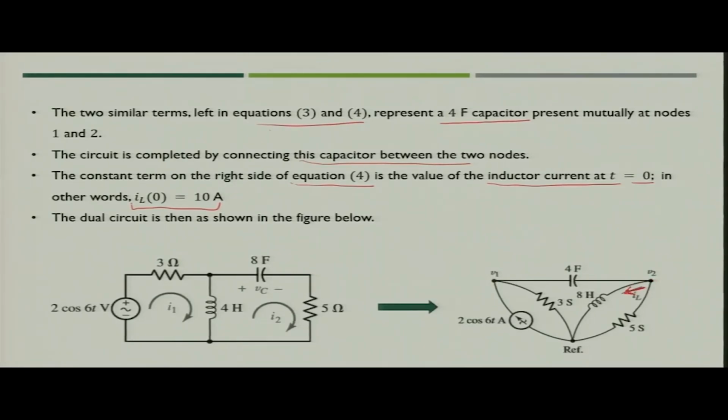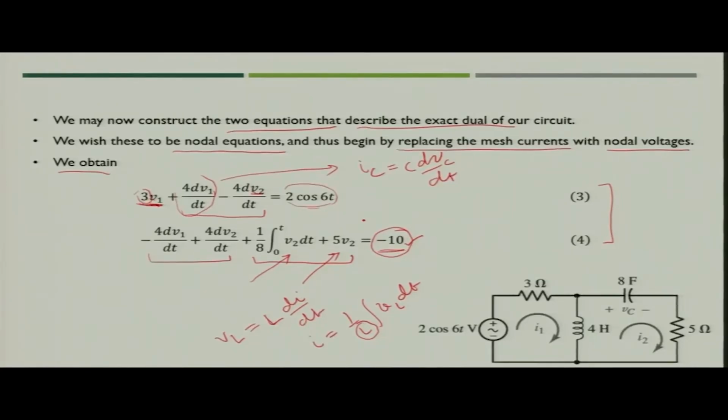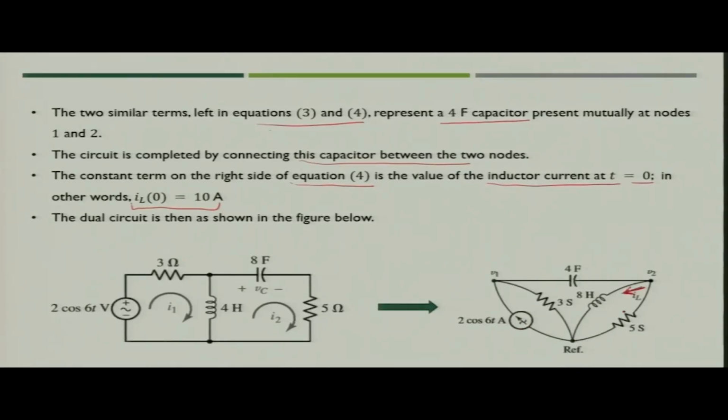So, that is why the direction of the current I L is in this direction. Now, this is the circuit we came out with while analyzing the mesh and nodal equations. This sometimes is very difficult when you have more nodes and more meshes.